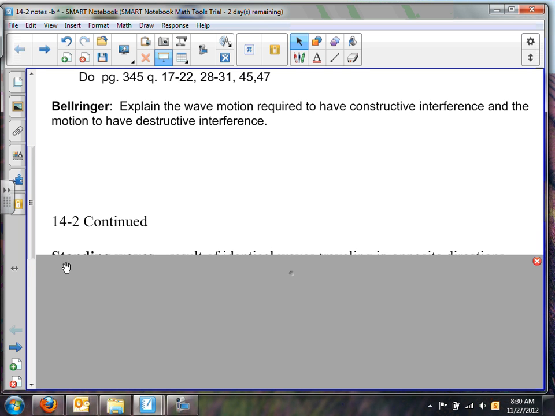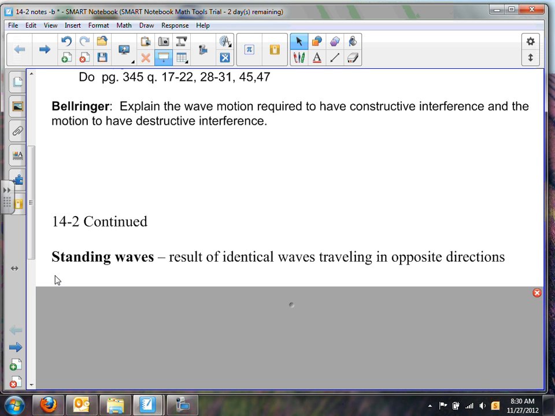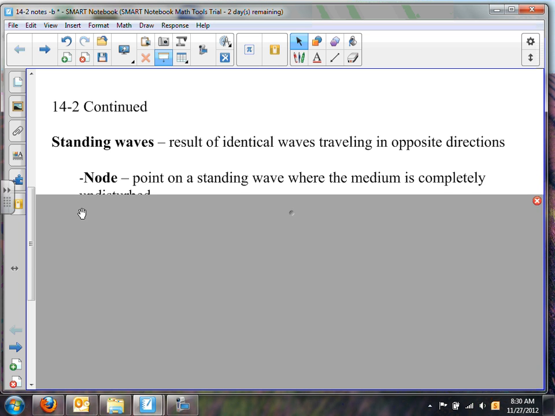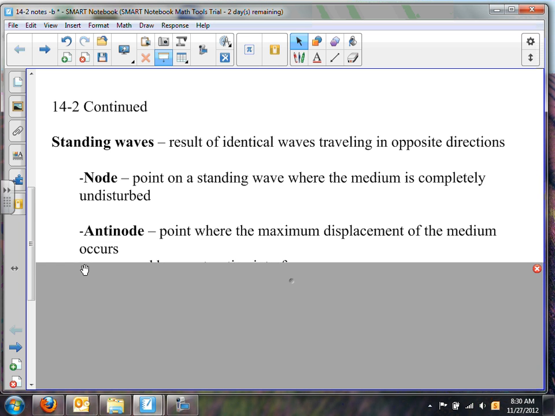So 14.2 continued. A standing wave is the result of identical waves traveling in opposite directions. They're characterized by two parts, a node and an antinode.